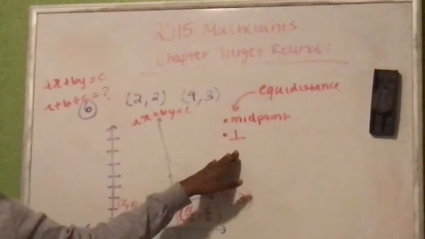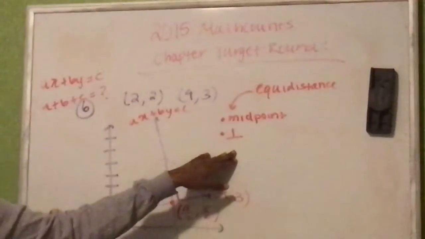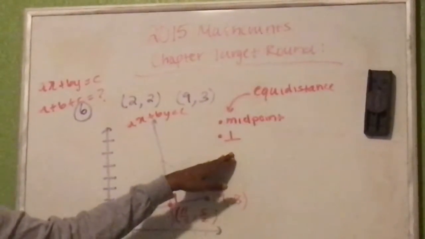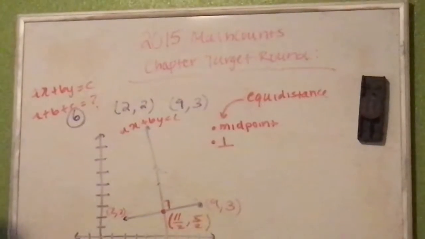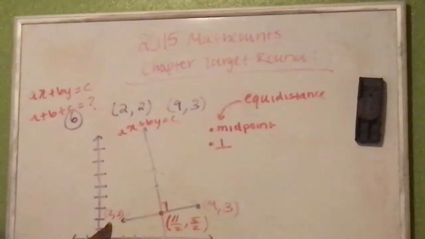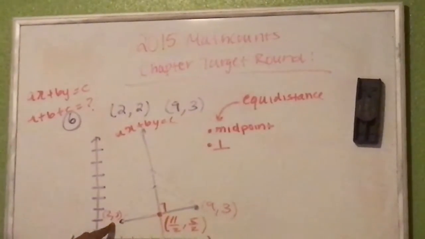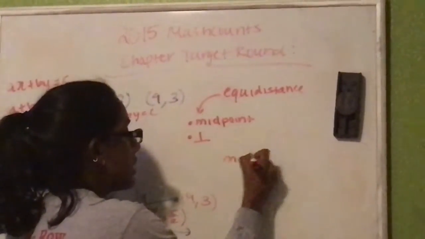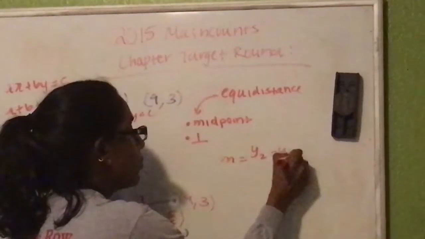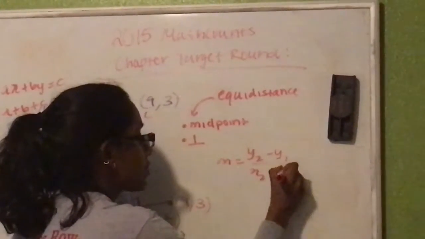Next, because the line is perpendicular, this means that the slope is also perpendicular. To find the perpendicular slope, I need to first find the regular slope. To do that, I'm going to find the slope between (2, 2) and (9, 3). Remember, the slope formula is y2 minus y1 over x2 minus x1.